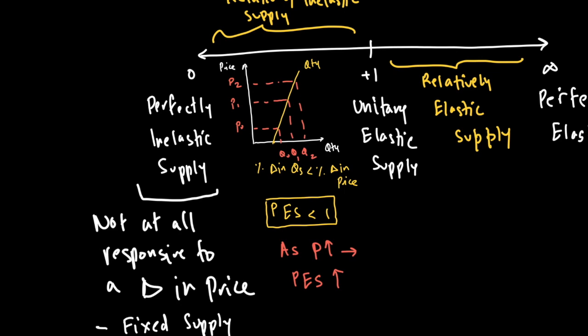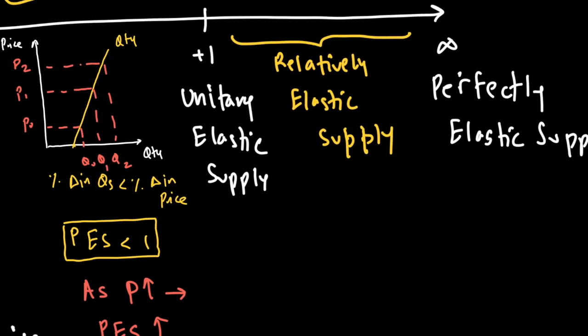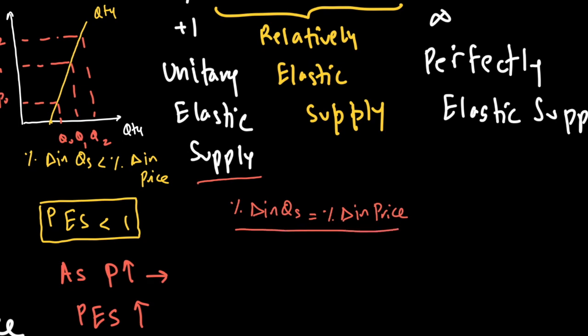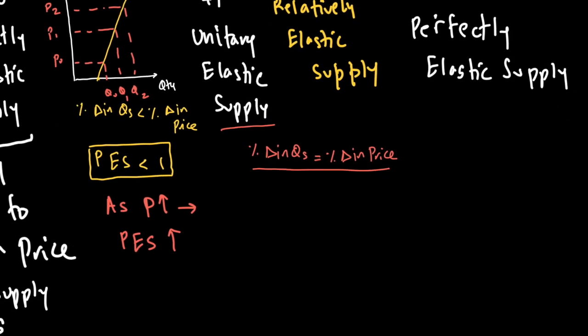When it comes to the unitary elastic supply curve, this is where the supply curve is equally responsive to a change in price. Here the percentage change in quantity supplied is equal to the percentage change in price. So producers are responding in an equal manner, which is where our supply curve will come from the origin.